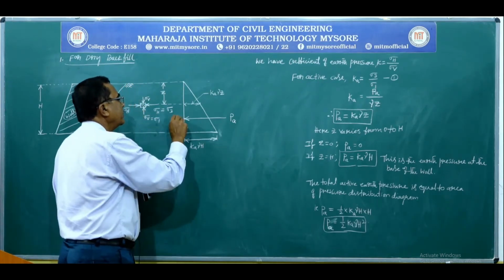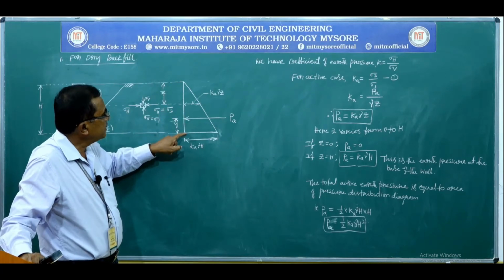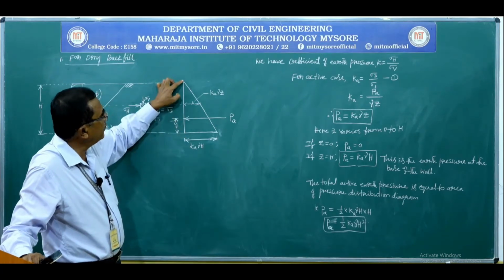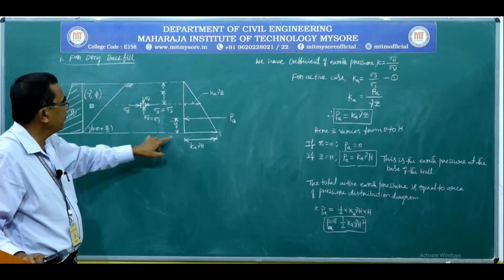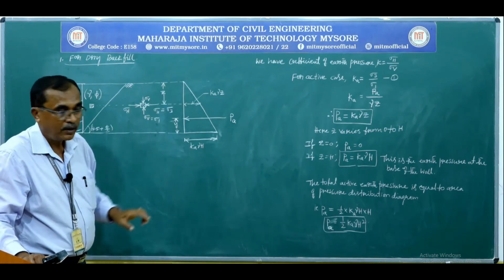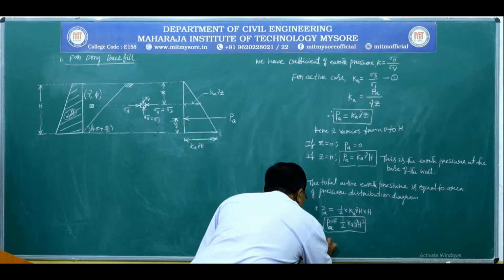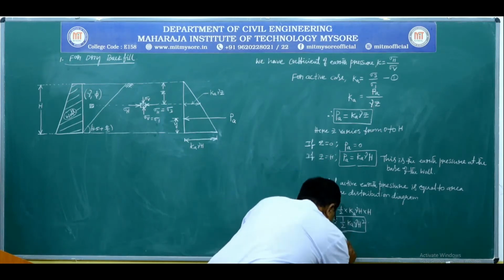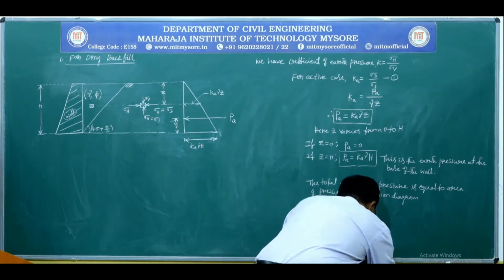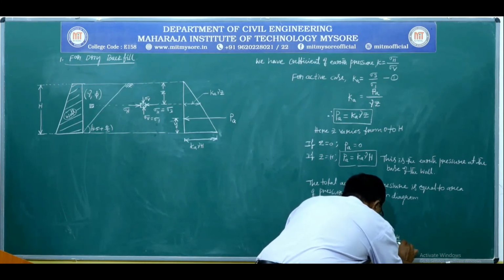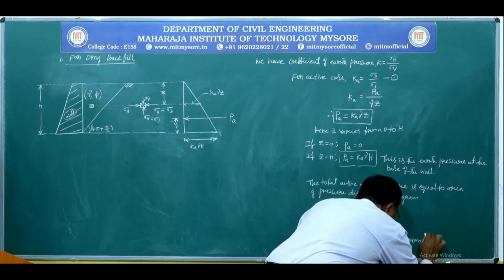From the known concept for a triangular area, the centroid acts at a smaller distance from the base and a larger distance from the apex, meaning it is acting at a height of h by 3 from the base and 2 by 3 times h from the apex. So PA acts at a height y is equal to h by 3 from the base.